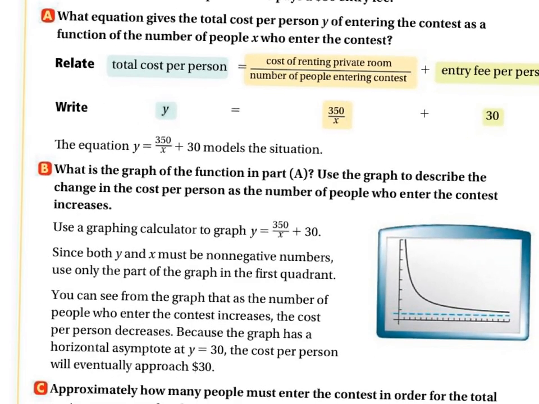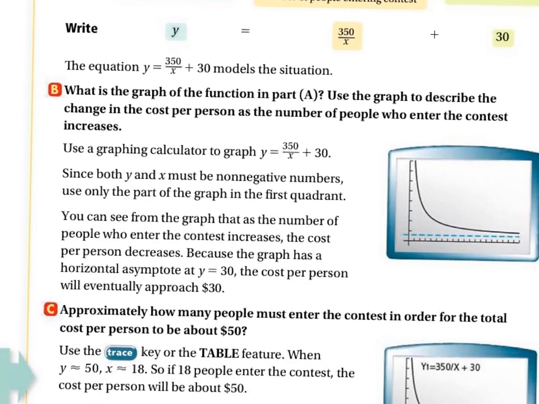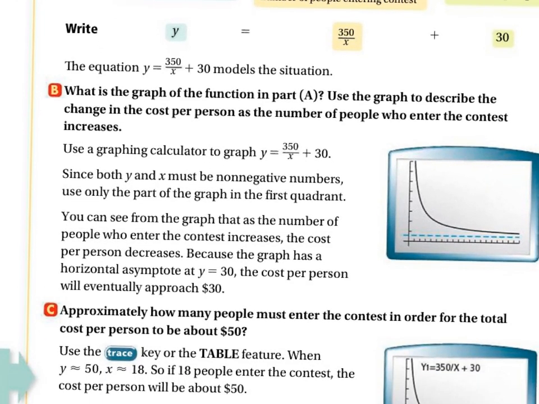And then part B, it asks what's the graph. Look at the graph that they did. We know x and y both have to be positive. X is the number of people and y is the cost.